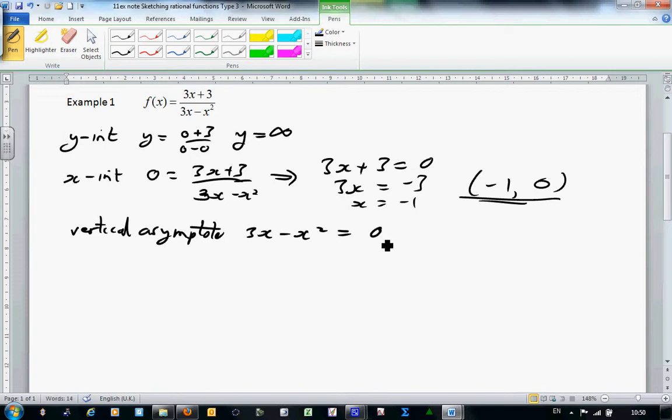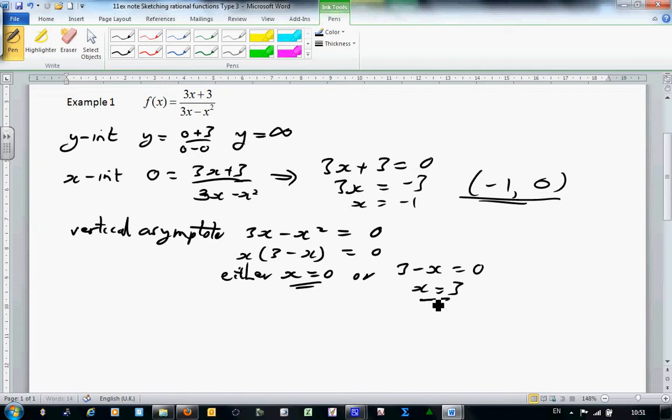This will factorize to give that. That will tell us that either x is 0, which is a result, or 3 minus x is 0, so this gives us that x equals 3. Note straight away then, type 3, we have two vertical asymptotes.